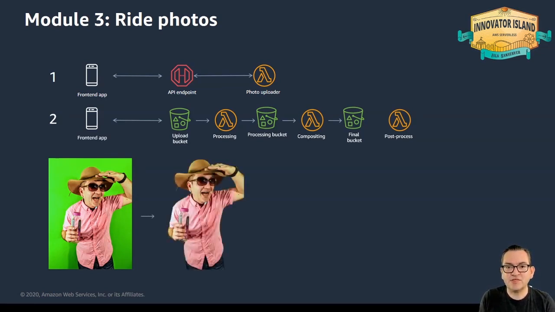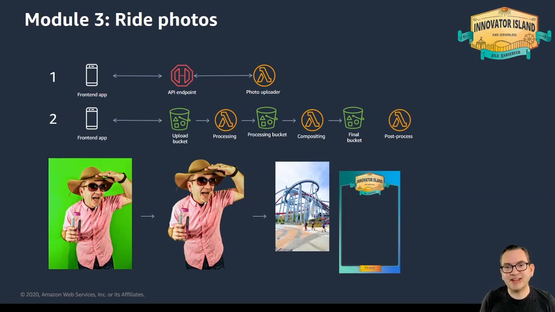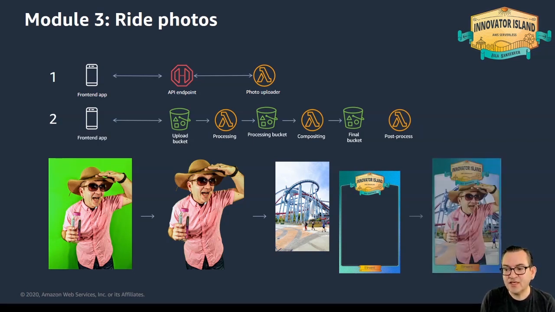When that is finished processing with our OpenCV library that we talked about, that creates the same image but with a transparent background. The transparent background is then put into the processing bucket. The compositing Lambda function takes these extra assets which show a park background and an Innovator Island frame, and then those get composited together with the person to give you this final image.